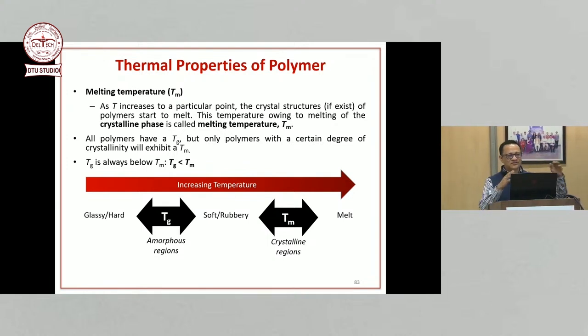Tg was when the chains are becoming more flexible or more glassy, but when you keep increasing the temperature, now your uncooked noodles or crystals of the polymer start to melt, and that is called the melt temperature or Tm of the polymer, and it's always higher than Tg.